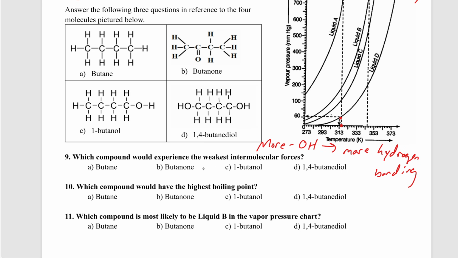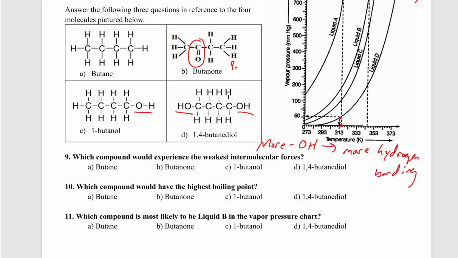So to find the one with the weakest intermolecular forces, this has 2 OH groups, so that should be pretty strong. This has 1 OH group, so not as strong as D, but still pretty strong. This one doesn't have an OH, but it has a double bonded O. This does make the molecule partially polar.